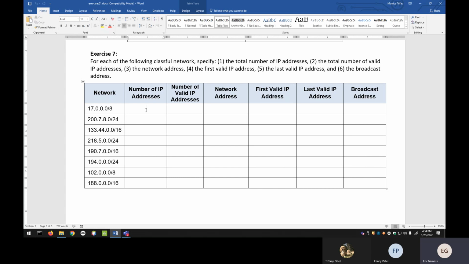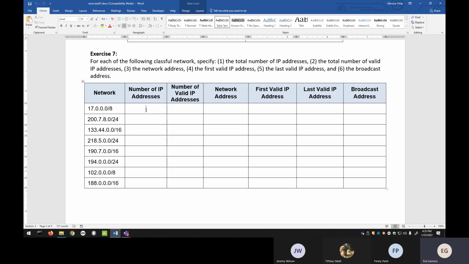So how many bits we have for the host part in this network? 8 is the number of bits for the network part. /8 is 255.0.0.0. So we have 8 bits for the network part. So if we have 8 bits for the network part, how many bits we have for the host part? 24. This will be 32 minus 8.